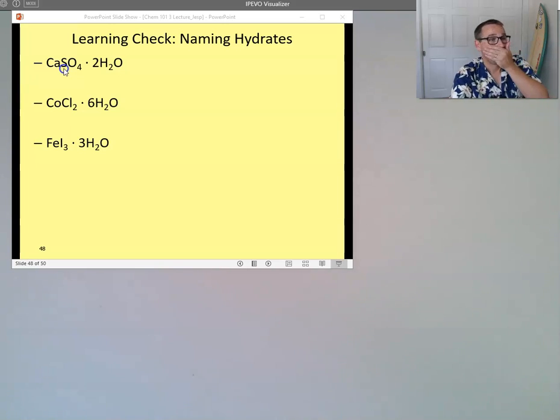So, let's see if you can name just this first half of the compound without thinking about the hydrate at this point. What's the name of that compound there? Calcium. Sulfur oxide.